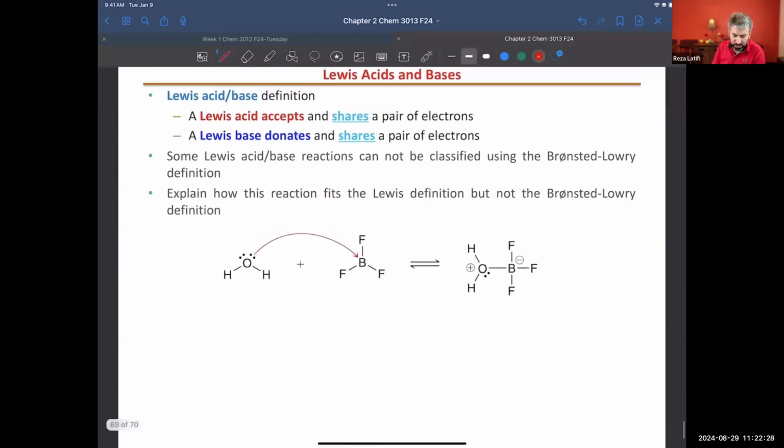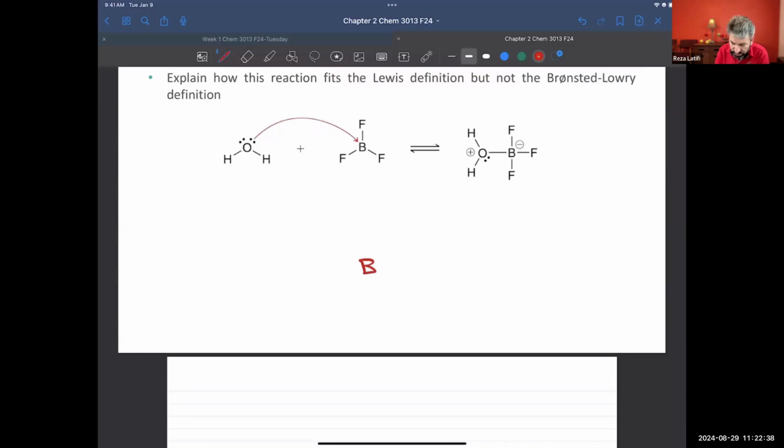Another example: water reacting with BF3. BF3 has an empty orbital. Remember, B is not an octet, while all the fluorines are octet. Each fluorine has 3 lone pairs. How do you make boron an octet? Share a lone pair from fluorine, but that's going to cost you energy. Or how about this: we have an empty p orbital, a pz.